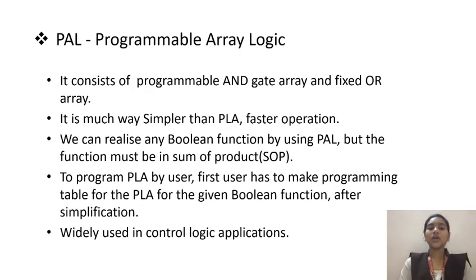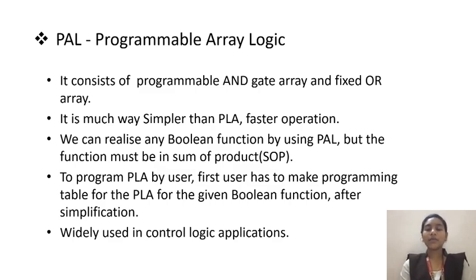Coming to the third one, PAL, programmable array logic. In this programmable array logic, the AND gate is programmable and the OR gate is fixed. So it is much simpler than the PLA, because programming the AND gate is much easier than the OR gate.